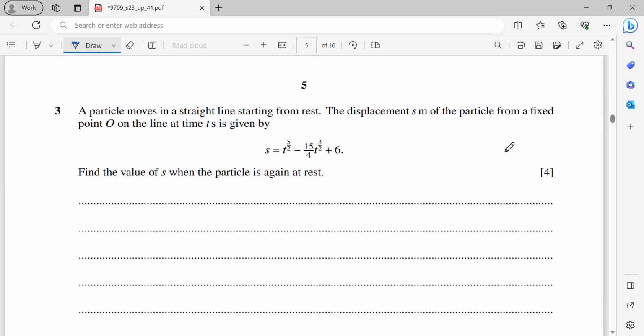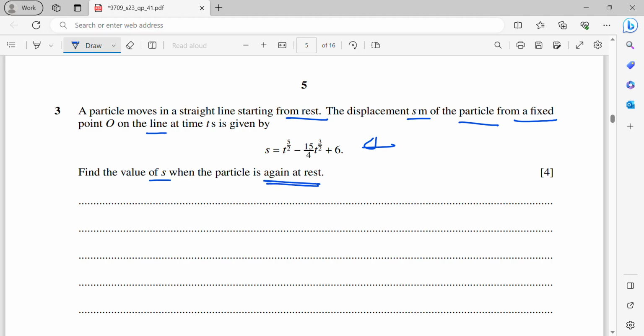Okay, now question number 3. A particle moves in a straight line starting from rest. The displacement s meters of the particle from a fixed point O on the line at time t seconds is given by this expression. Find the value of s when the particle is at rest again.